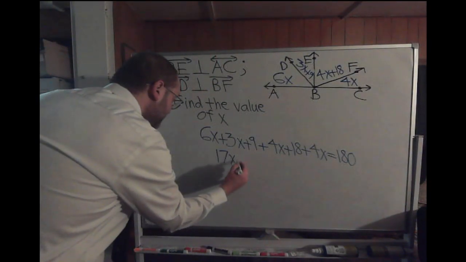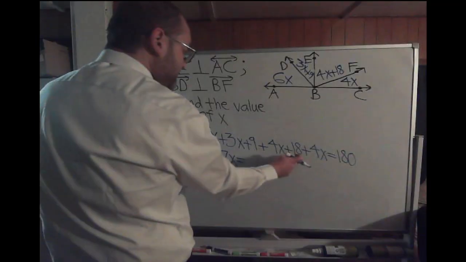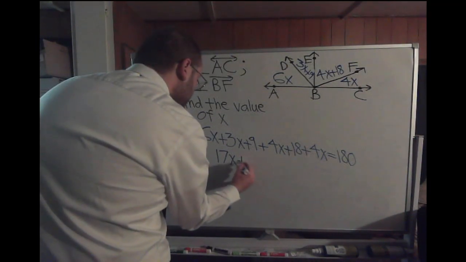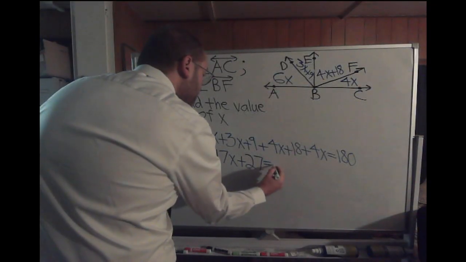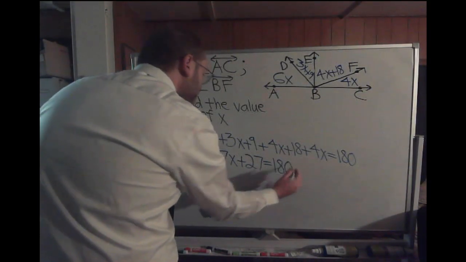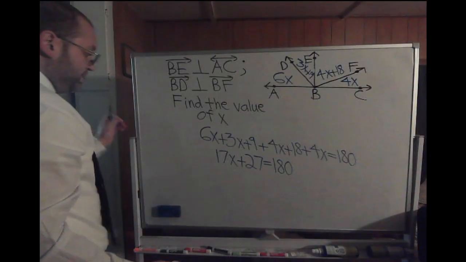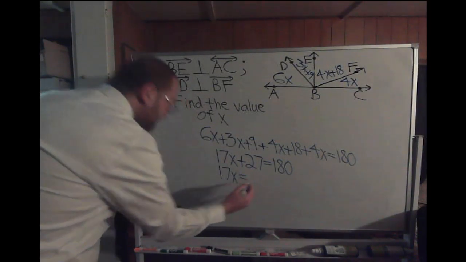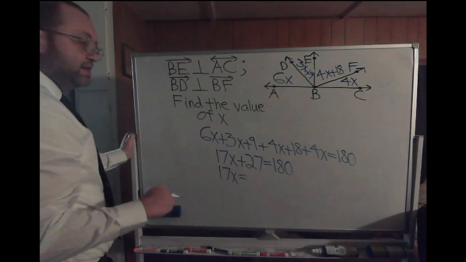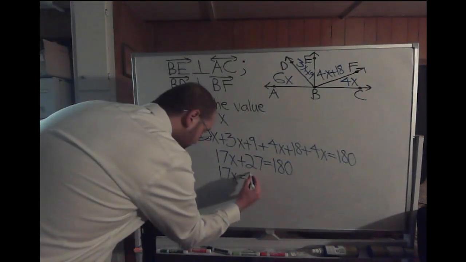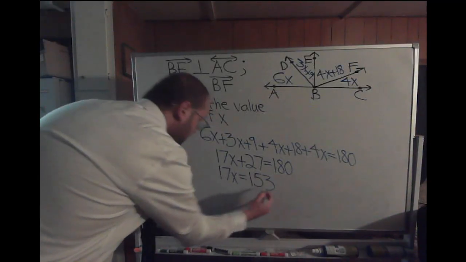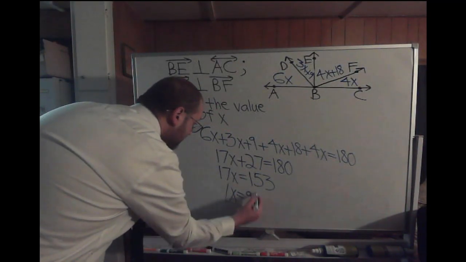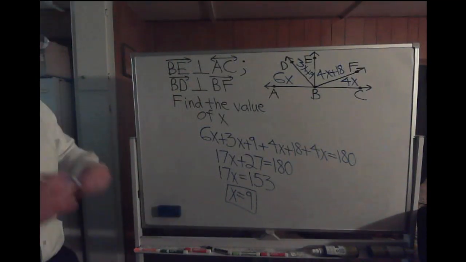So you'll get 17x. See, 9 plus 18 is 27. So you get 17x plus 27 would have to equal 180, which would then give you that 17x would equal 180 minus 27. That would be 153. Which, what do you know? X equals 9. X also equals 9 by doing that.